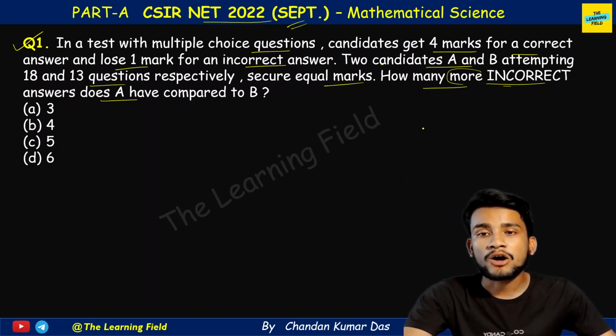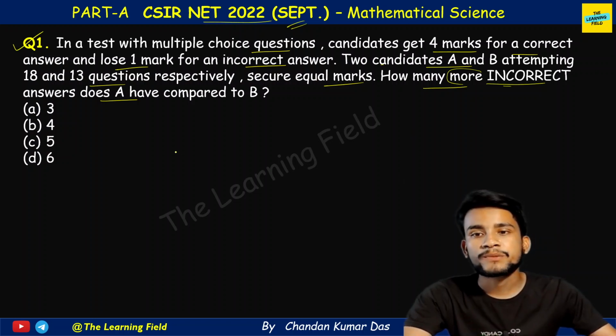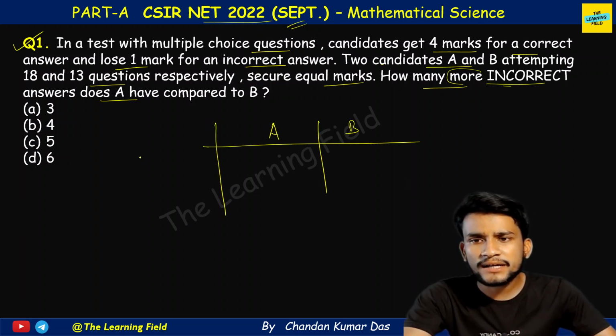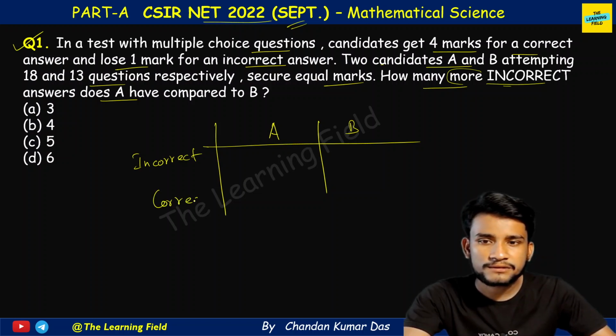How many more? It is clear from the question that A did more incorrect answers as compared to B. Now suppose there is A and there is B, with incorrect answers and correct answers.